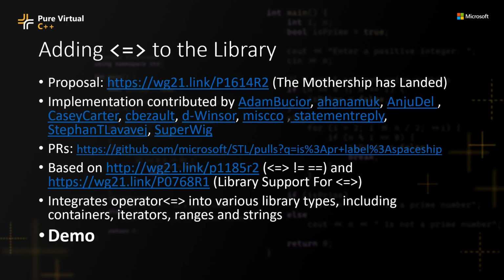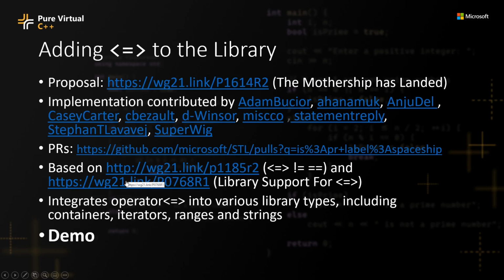There are several language and library proposals that capture the work needed to support the Spaceship Operator, including adding the Spaceship Operator, its implementation, as well as library support for the Spaceship Operator.